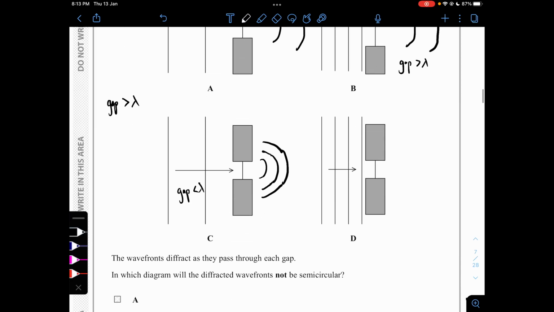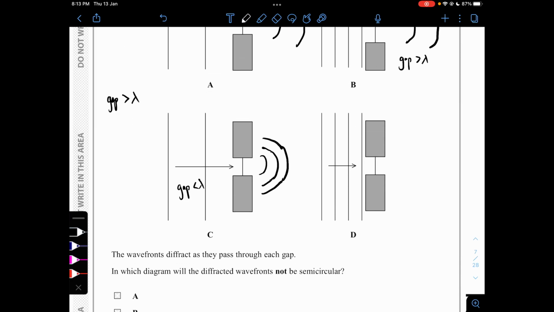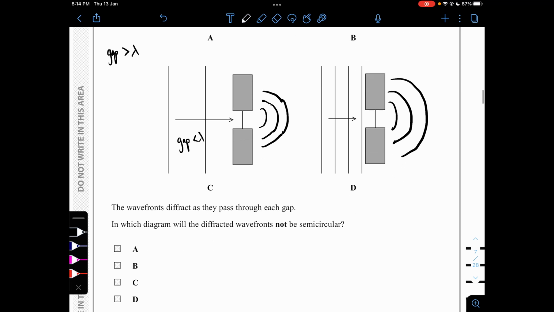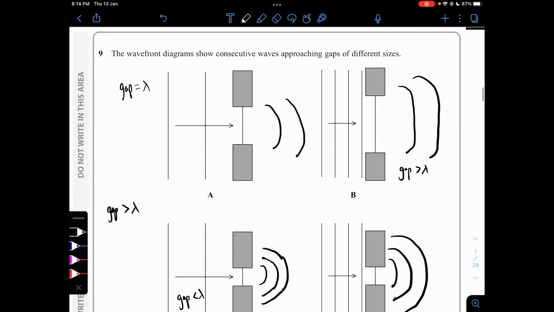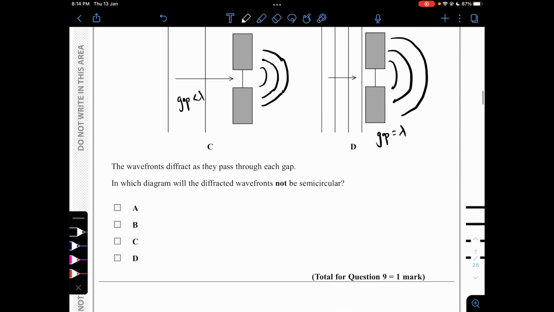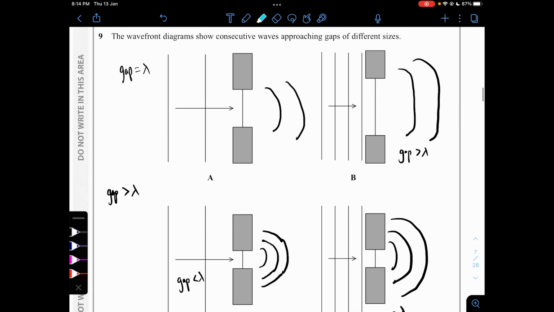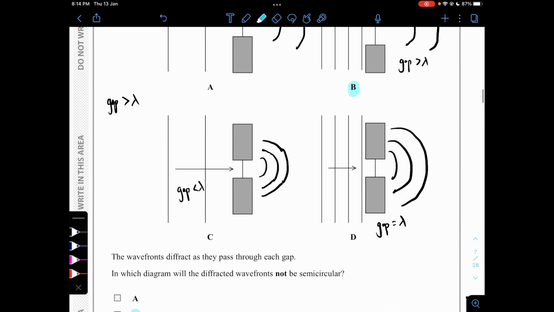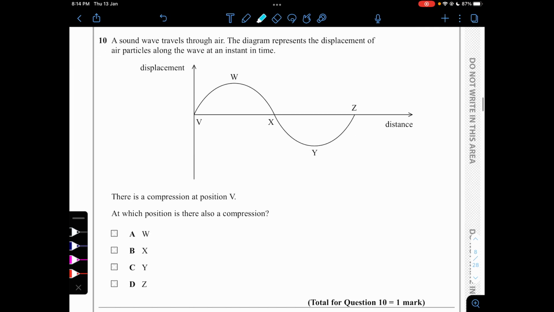What about D? Same thing, semicircular, because this also has a gap equal to lambda. That means B is the only one that's not semicircular. The answer is B. Alright, let's move on to question number 10.